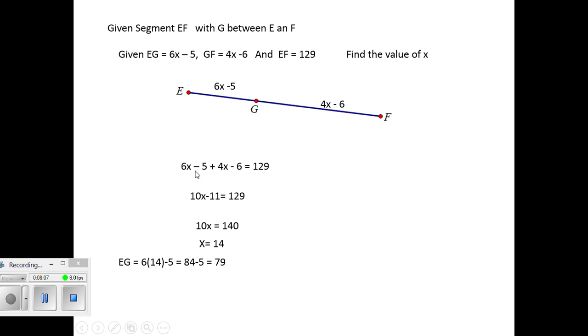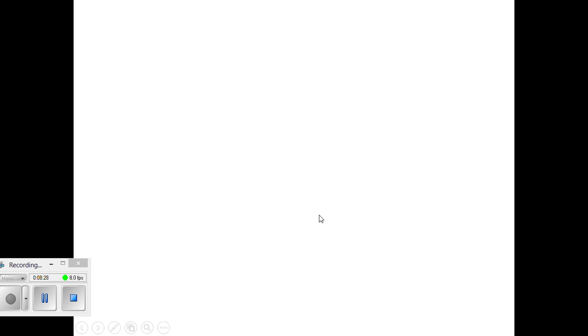With this x value in, we get 79. And with the same x value going in for GF, we get 50. And of course, the 50 and the 79 combine to the 129, whether that's inches or feet, it really doesn't matter. We've answered the question and we can move on.